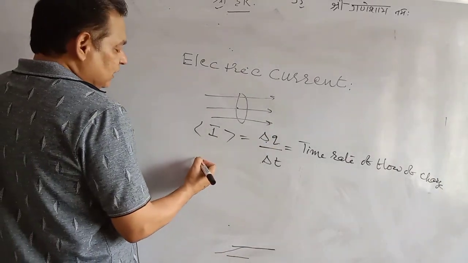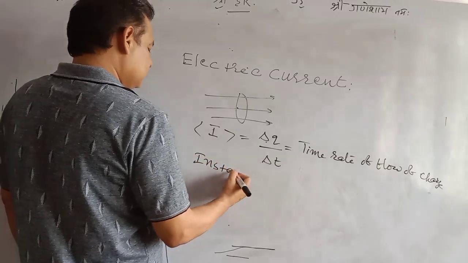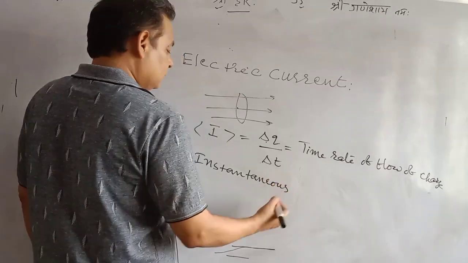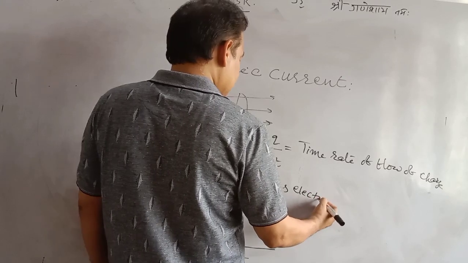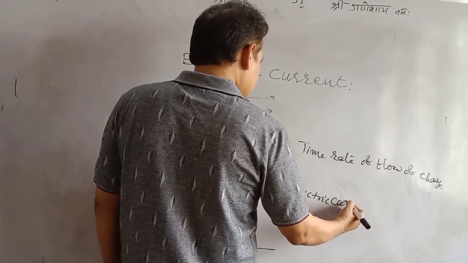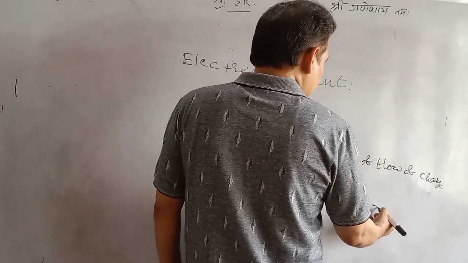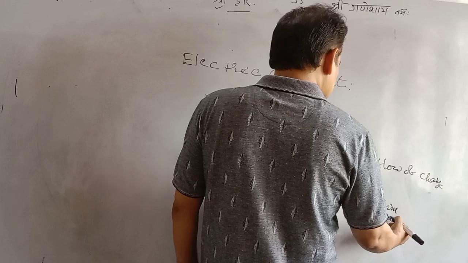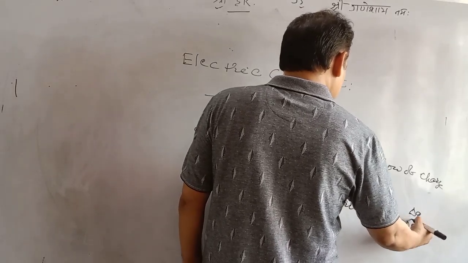And instantaneous electric current equals limit delta t tends to 0 of delta q by delta t.